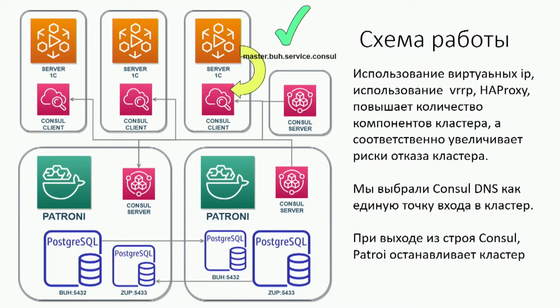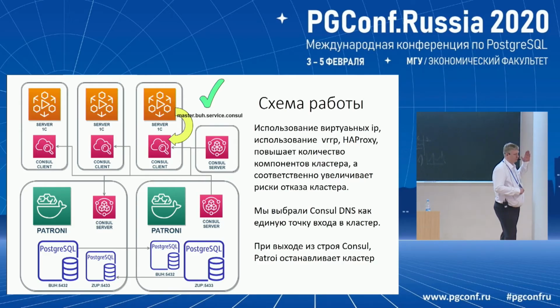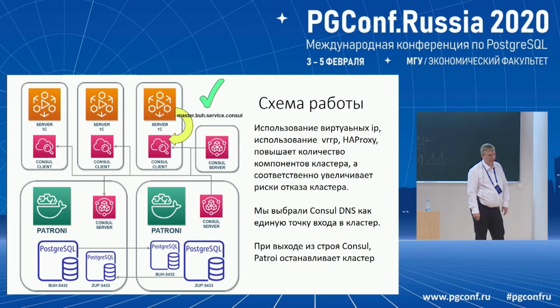So how do they interact? We deployed Postgres. By the way, at the end I will show you my GitHub where you can download Vagrant and deploy the system, so you'll be able to play with it.